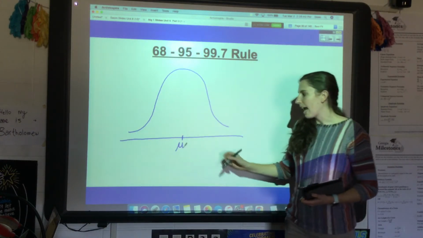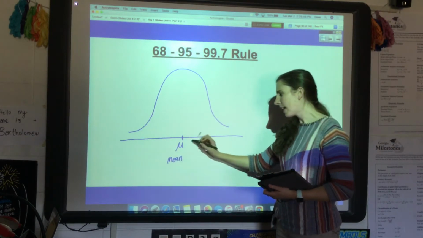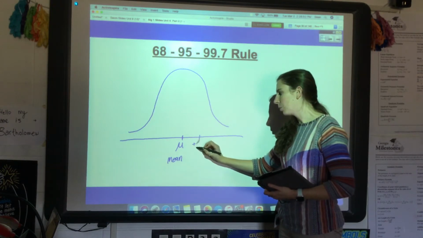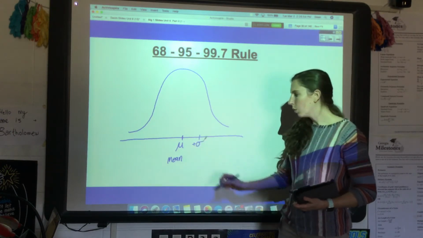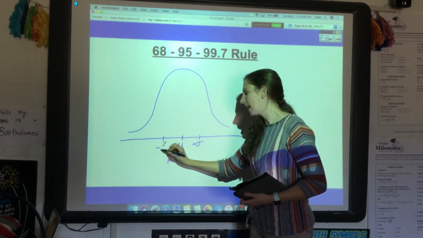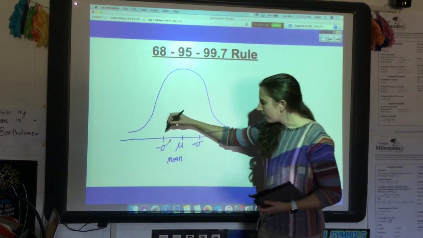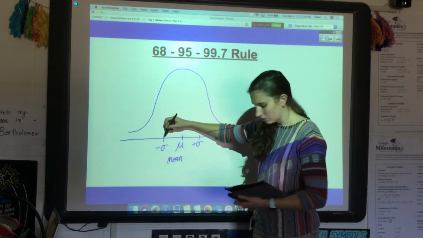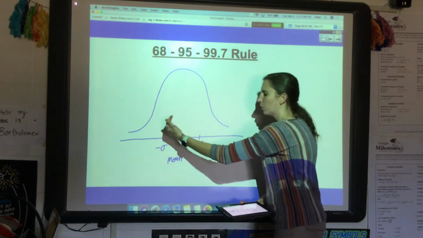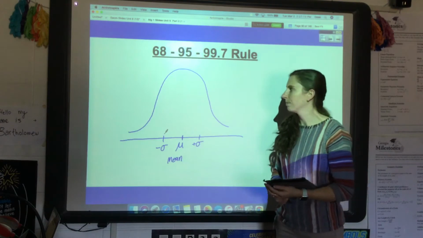Let's say I add a standard deviation to the mean. So I add one standard deviation, or let's say I go back a standard deviation. So take away a standard deviation. How much of the data do you think falls from here to here, from -1 standard deviation to +1 standard deviation?